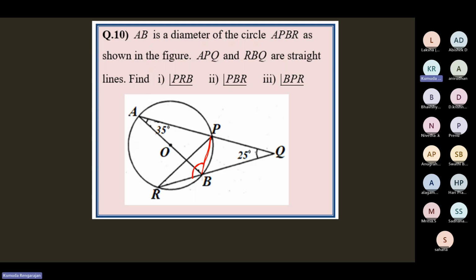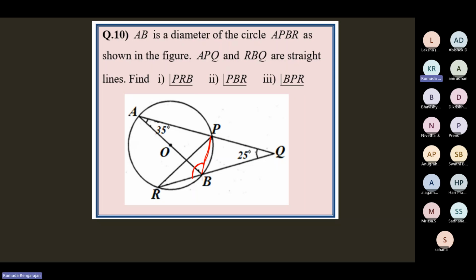Like the RHS congruence criterion. Only if the two triangles are right triangles, you can use it. But not that if the two triangles are right triangles, you have to use RHS. You can use even SSS or SAS depending on the information given. But to use RHS, the two triangles have to be right triangles.